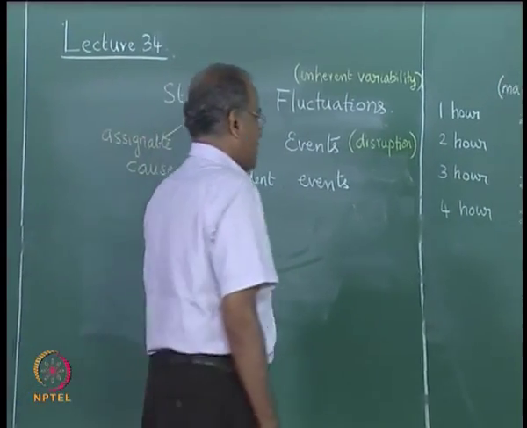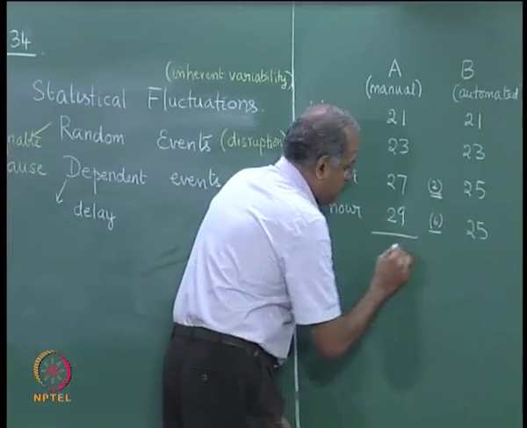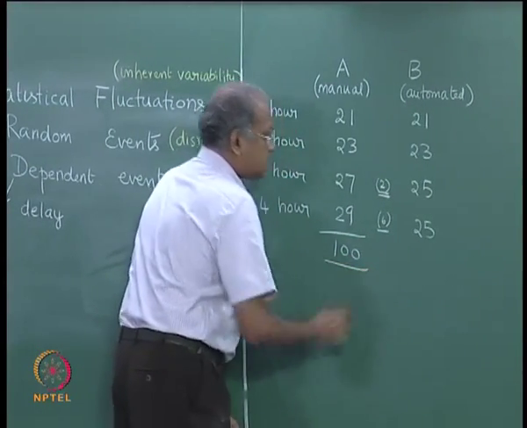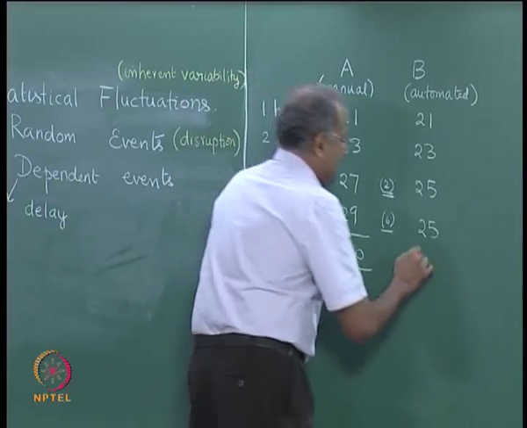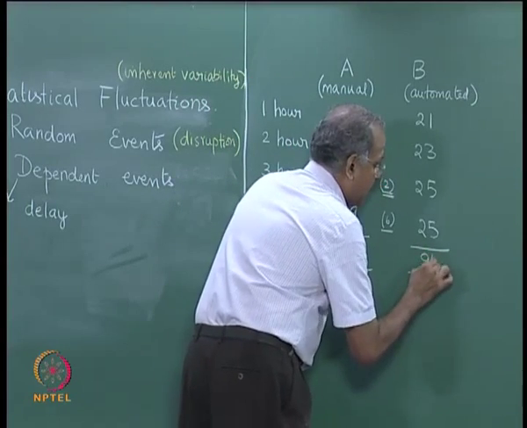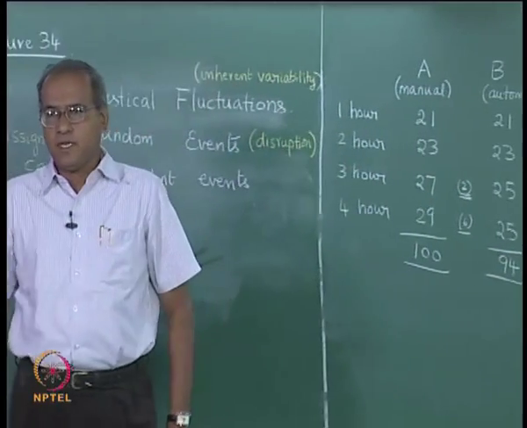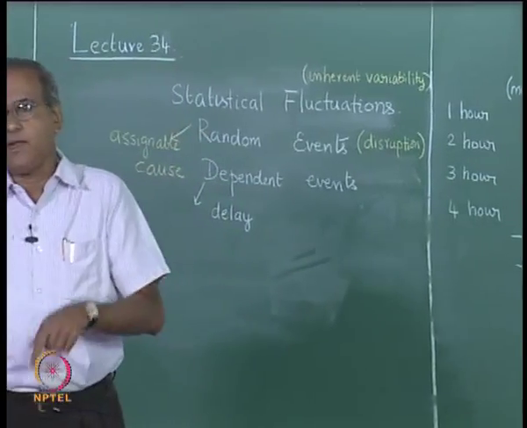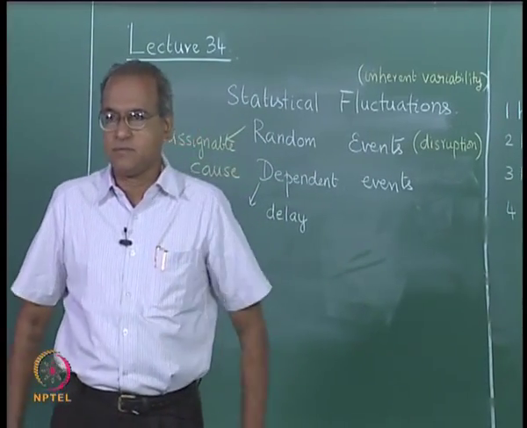Now, we go back and check that A has finished 100 in 4 hours, but B has finished only 94 in 4 hours, even though it is capable of doing 100 within 4 hours.